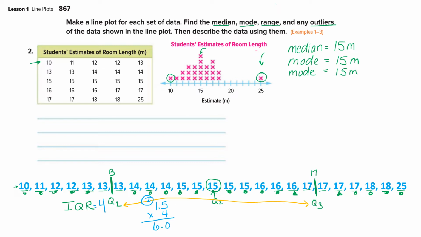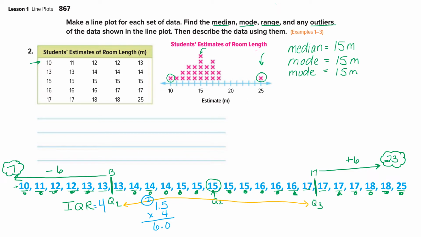And that's 6. I'm going to add 6 to 17, and that equals 23. I'm going to take 6 away from 13, and that equals 7.